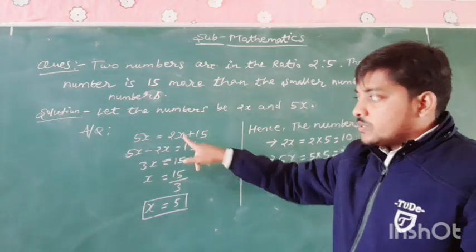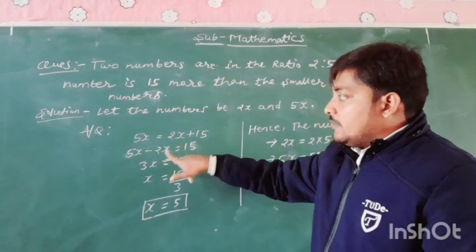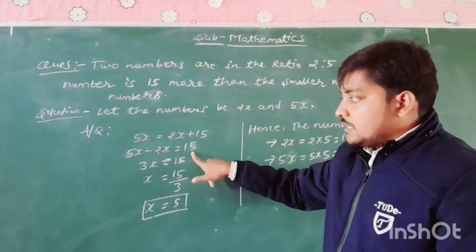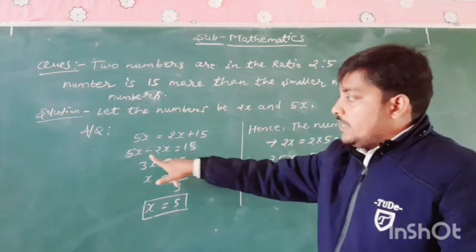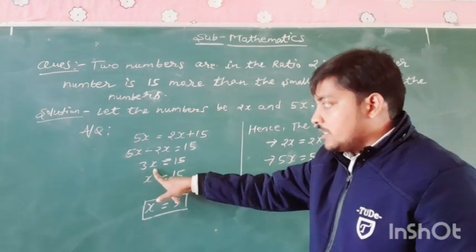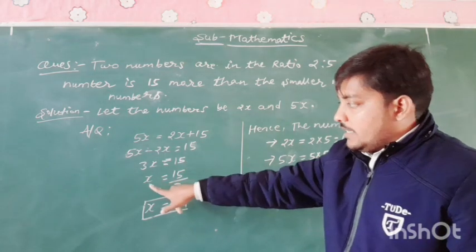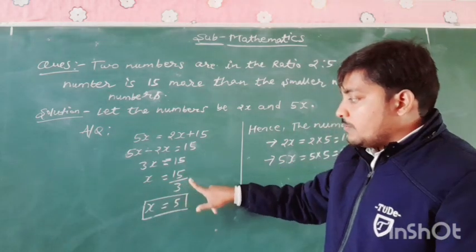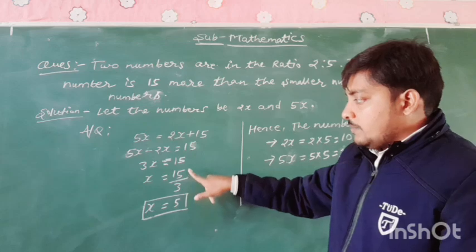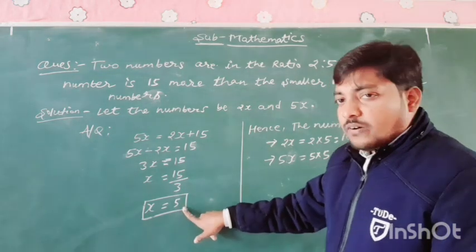Here we have to solve like terms. 5x minus 2x is equal to 15, and the difference of 5x minus 2x is equal to 3x, which is equal to 15, and then x equals 15 upon 3. After simplification, 15 upon 3, 3 5s are 15, the value of x is 5.